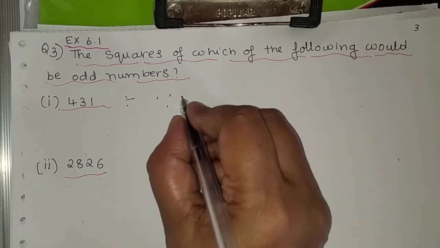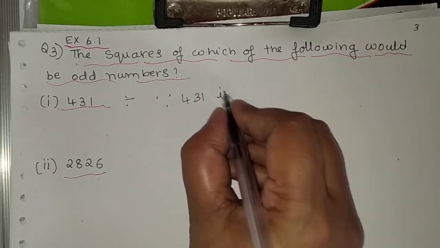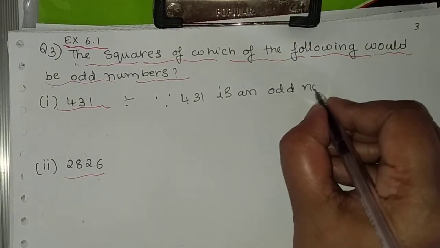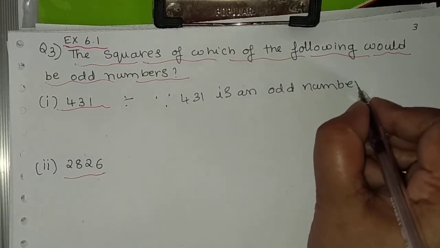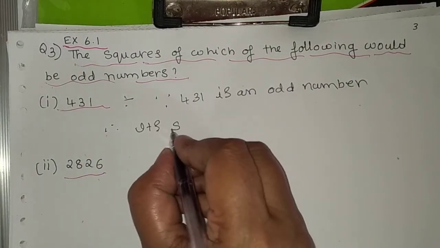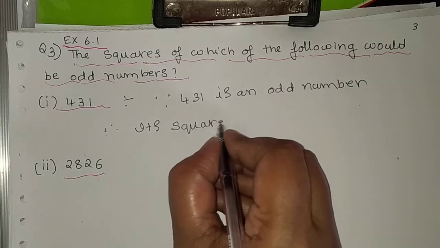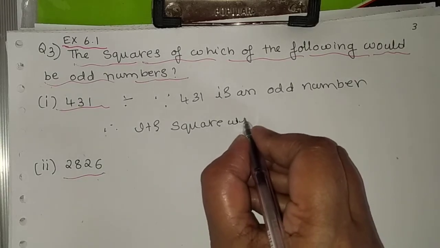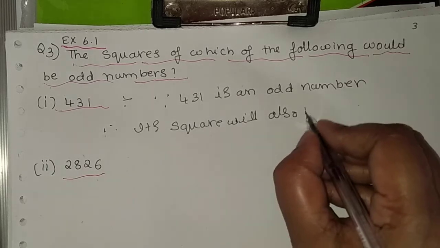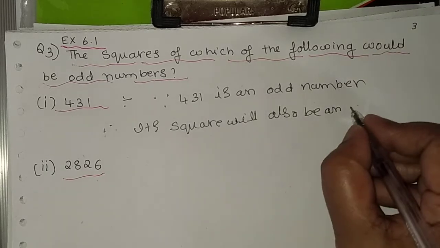Because 431 is an odd number, therefore its square will also be an odd number.